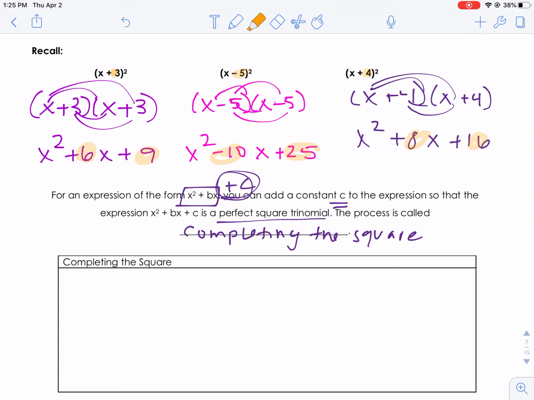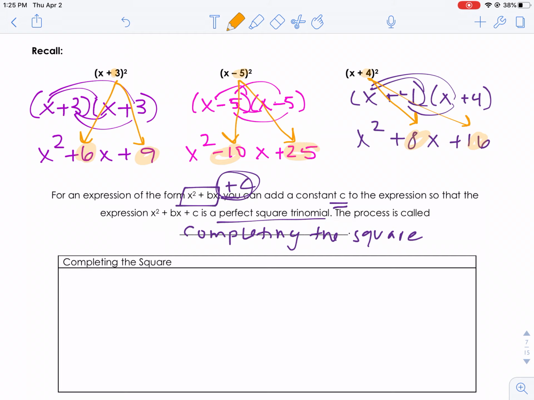So what we'll notice is that we are always doubling to get our middle value, and then squaring to get our last value.